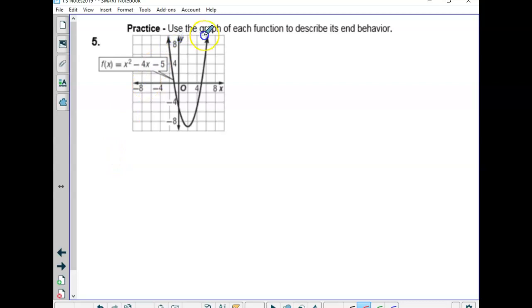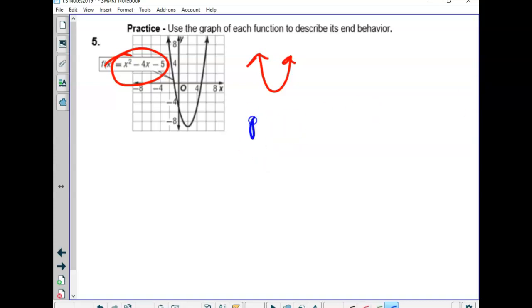Okay. Use the graph to describe its end behavior. Guys, even if I gave you that equation, would you know it was a parabola opening up? That's all we really care about. Both ends are going up. So f of x is approaching what?